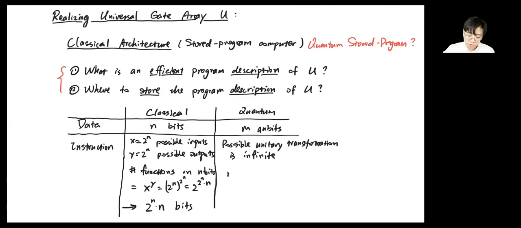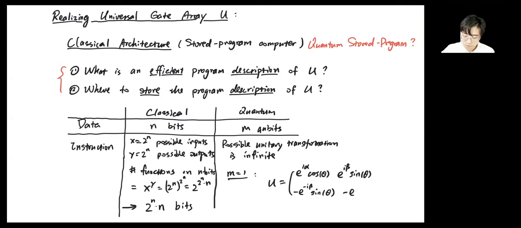For example, if n is 1, then a possible unitary transformation on one qubit can be written like this in its most general form, where we use 3 independent real numbers to specify it, namely alpha, beta, and theta.